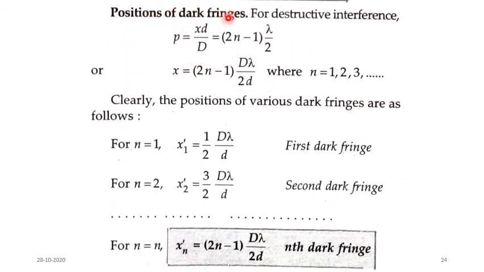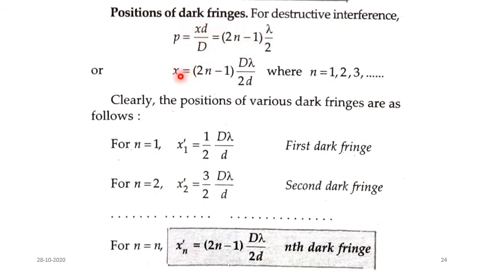Position of the dark fringe. For a dark fringe we have to obtain destructive interference. Again we know the path difference equation xd by D, and we know the path difference should be an odd multiple of lambda by 2, that is (2n minus 1) lambda by 2.